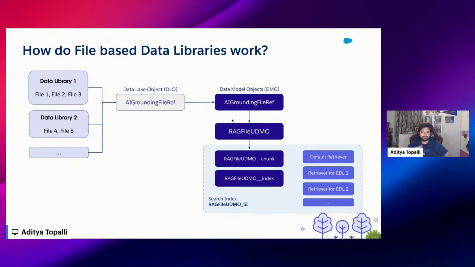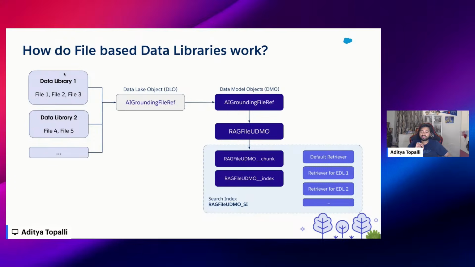Now, one important thing that I think you would have noticed is that irrespective of how many data libraries I create, all the files are going to be present in a single data model object. Now, what if I want to retrieve only the files that are specific to this data library? I mean, the whole reason we are creating different data libraries is to ensure we are segmenting our data.